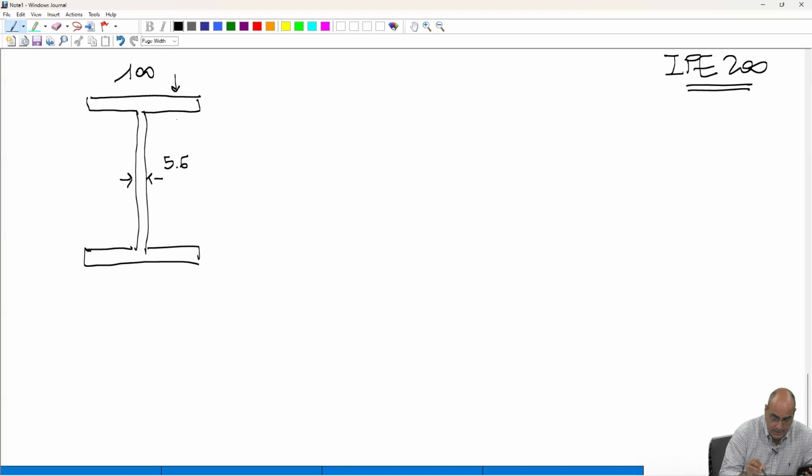This is 5.6. This is 8.5. And the total depth is 200 millimeters, okay?